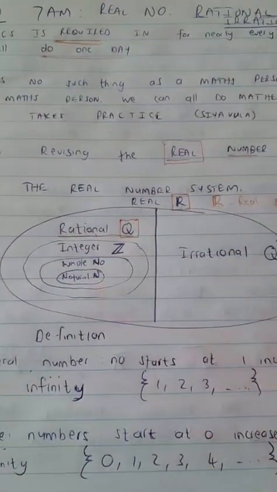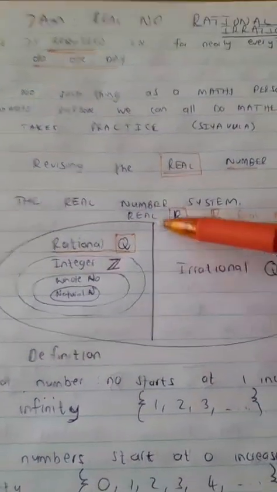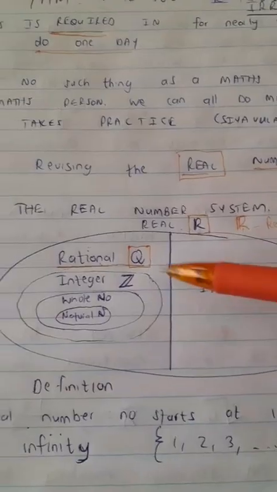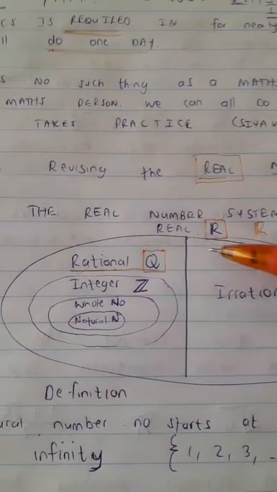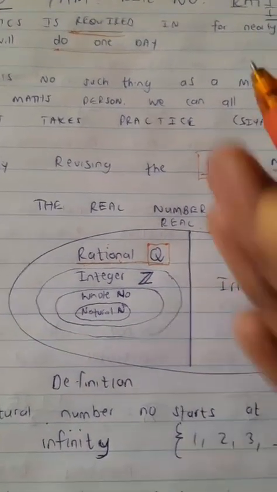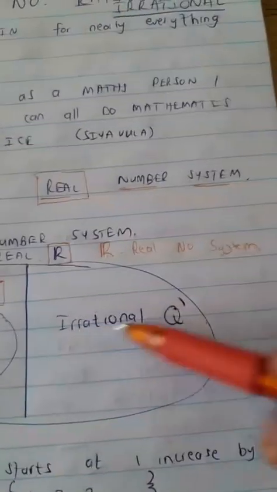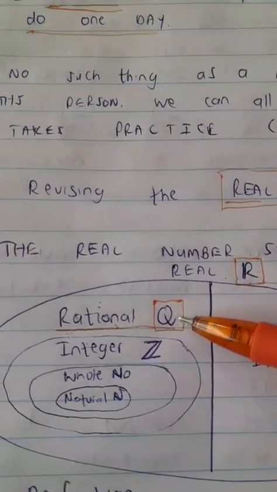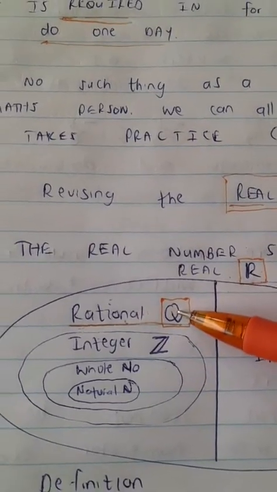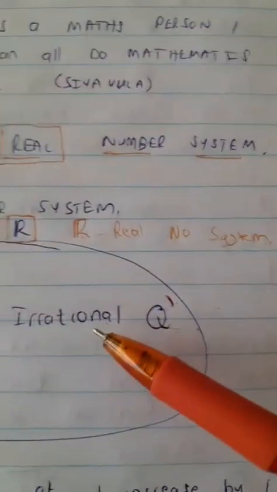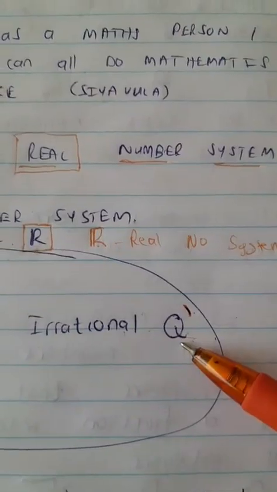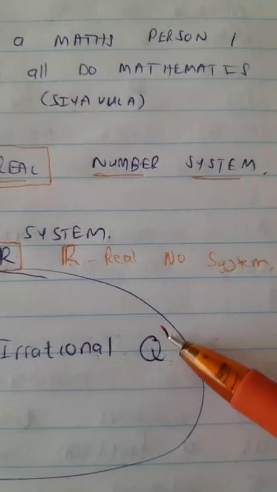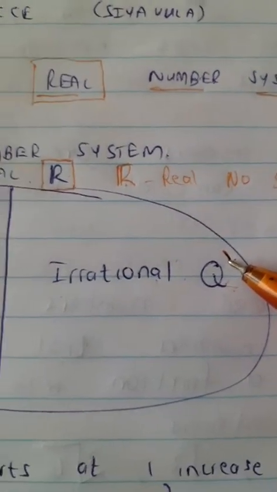Then we can divide real numbers into rational and irrational numbers. Rational numbers have the symbol Q, and irrational numbers have a Q with an apostrophe.